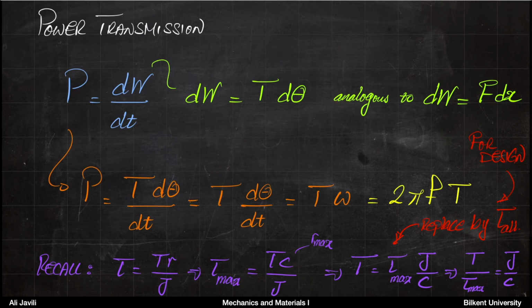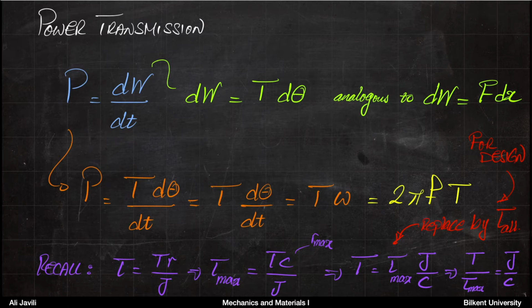And that's how you can design a shaft. As engineers, you usually are interested in maximum stress. So tau max would be T, torque, times R max, which we show by the letter C, divided by J, and J was the polar moment of inertia.